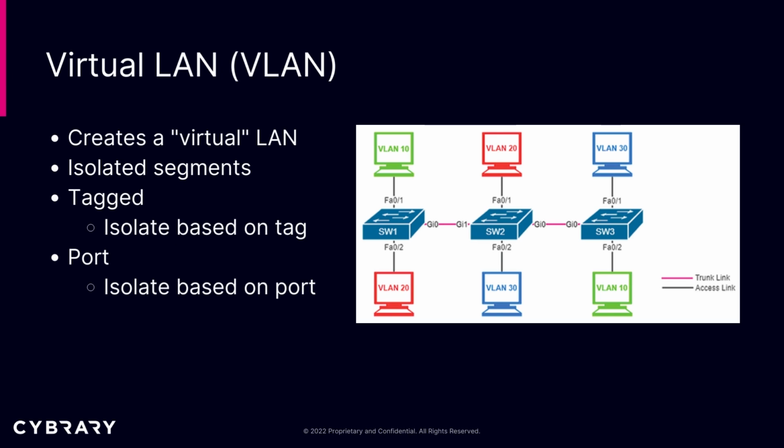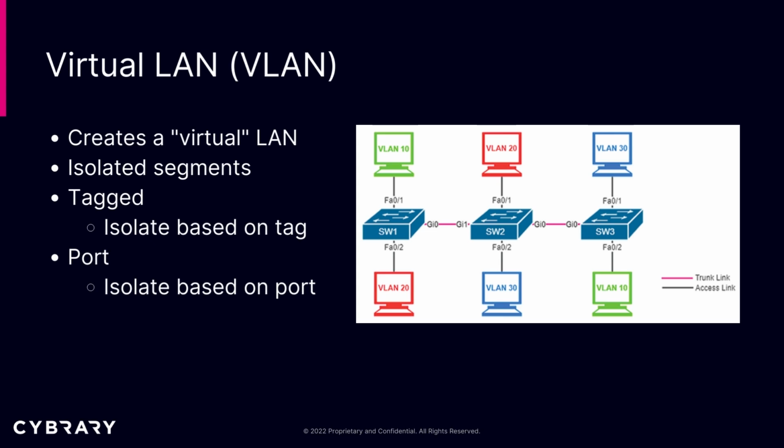Say, for instance, you had a network of switches, and you had VLAN 10 for accounting, 20 for administration, and 30 for HR. In a traditional environment, you wouldn't want one department's information being crossed with another, so you would put them on a VLAN. This is a very cost-effective way of doing this. These, again, can be port-based or tag-based. If it's tag-based, you don't have to worry about configuring any ports.